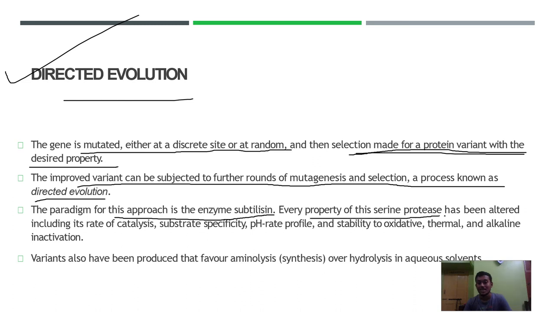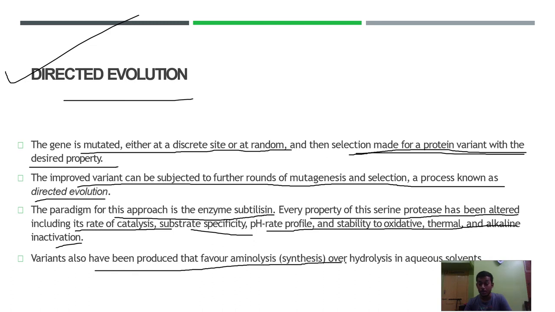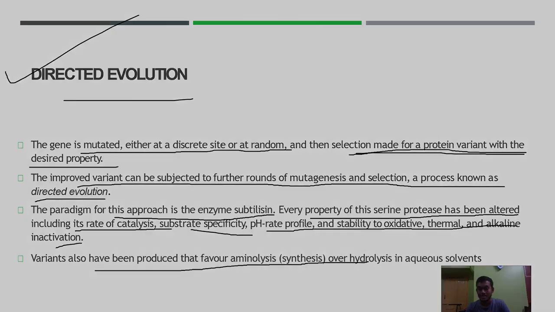Every property of this serine protease has been altered, including its rate of catalysis, substrate specificity, pH profile, and stability to oxidative, thermal and alkaline inactivation. Variants have also been produced that favor aminolysis over hydrolysis in aqueous solvents. There are many other molecules used under directed evolution, which are very random, and these are done in a way such that the overall specificity of the molecule is increased.